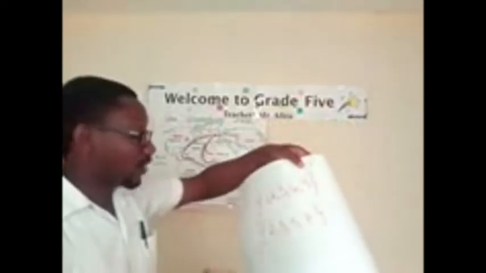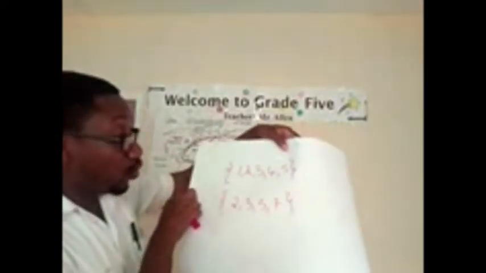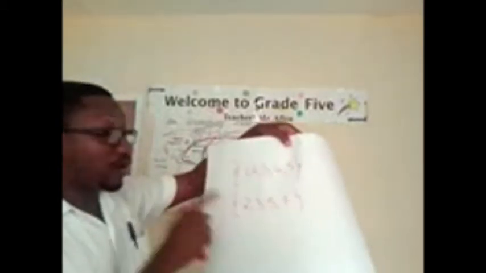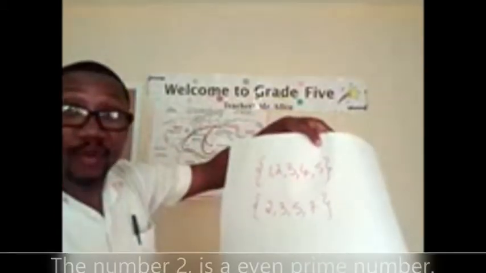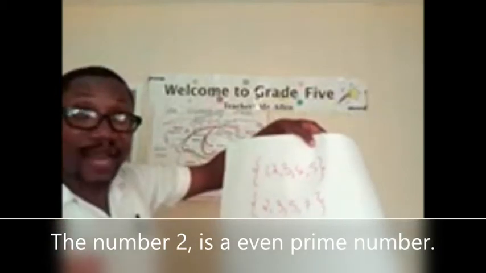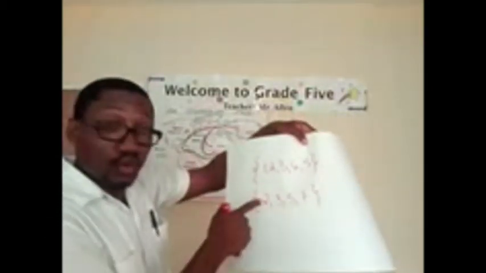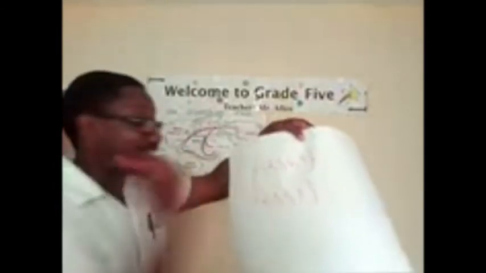So I just showed you a set of counting numbers and also a set of prime numbers, which is 2, because 2 is our even prime number, right? So we have 2, we have 3, we have 5, we have 7.